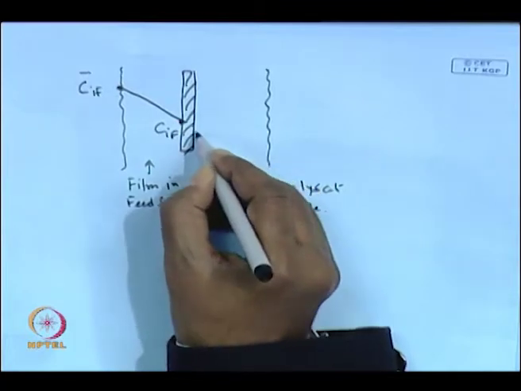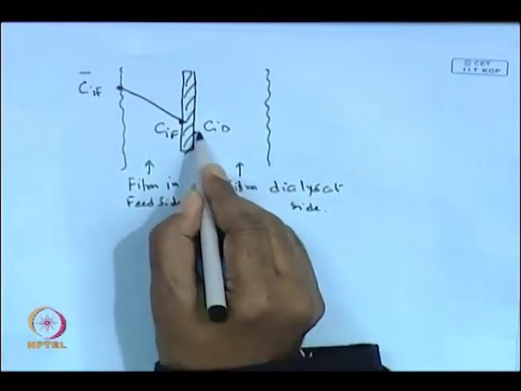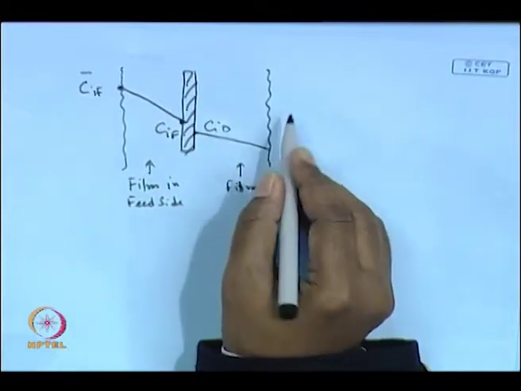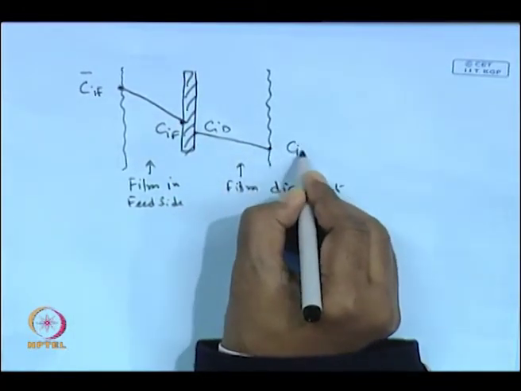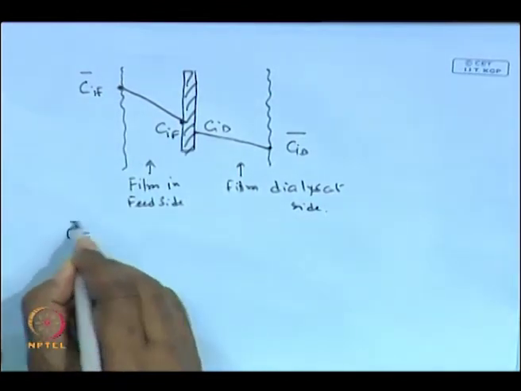And there will be the dialysate concentration CID at the membrane surface, and then it goes to the dialysate bulk concentration CID bar.